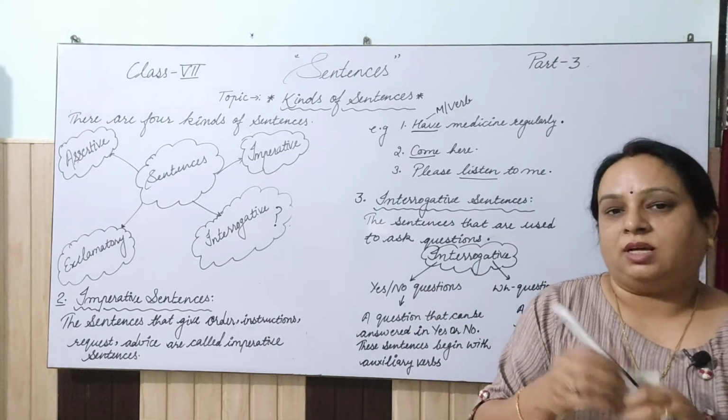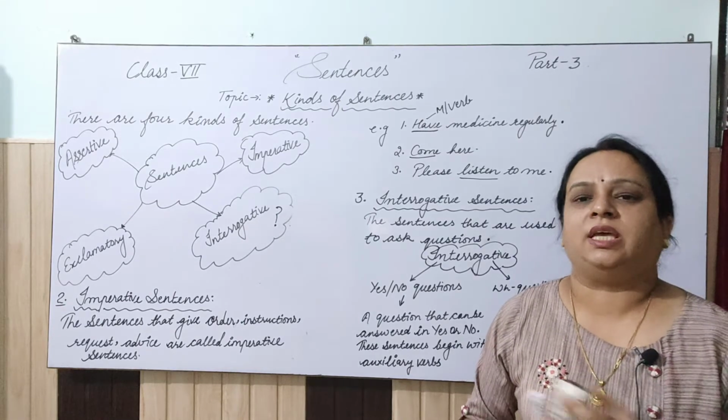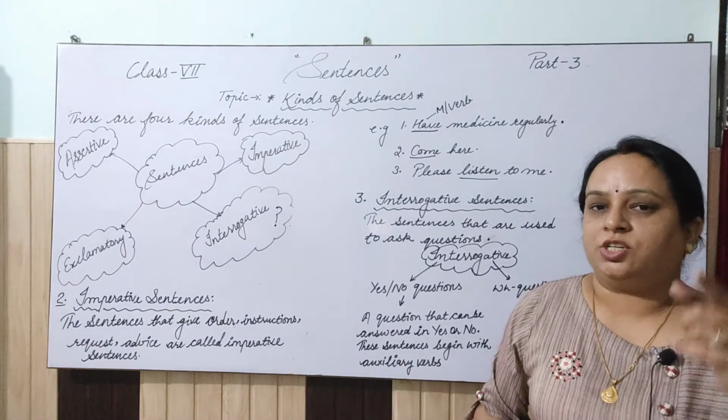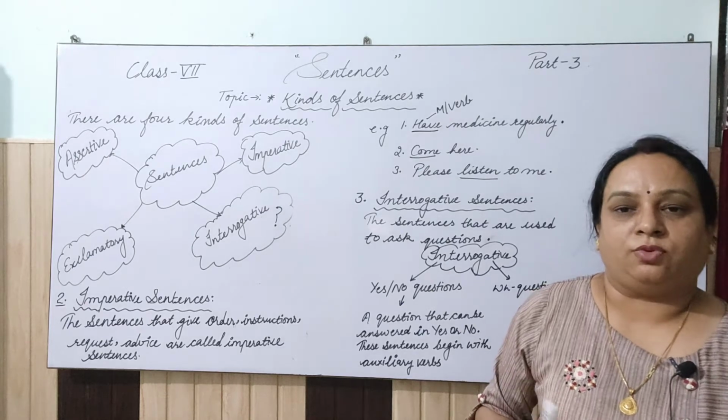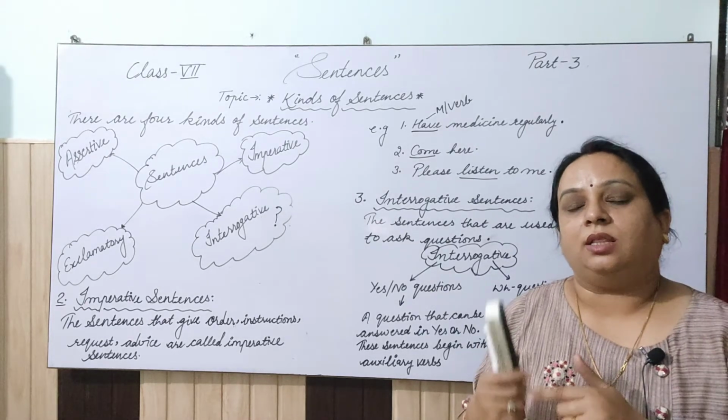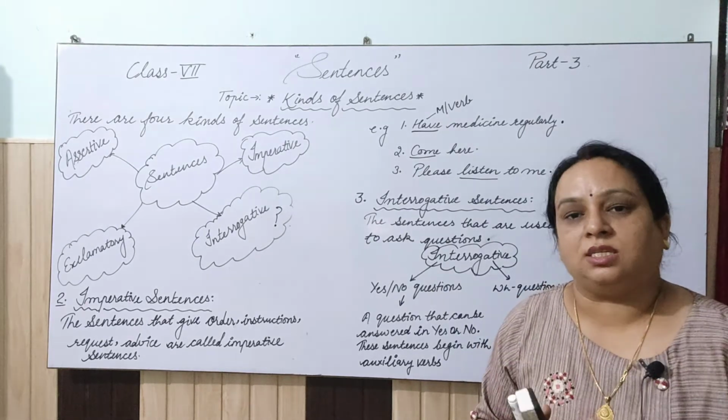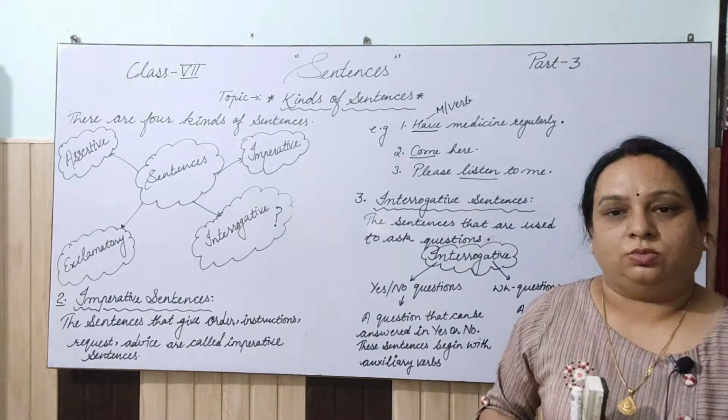I have asked you a question, have you done your work? What will you say? Yes, ma'am. So that question, a yes, no type of question, can be answered in yes or no. Clear?